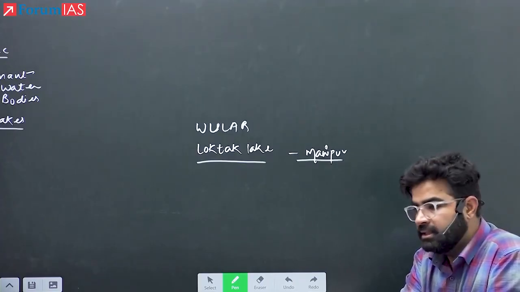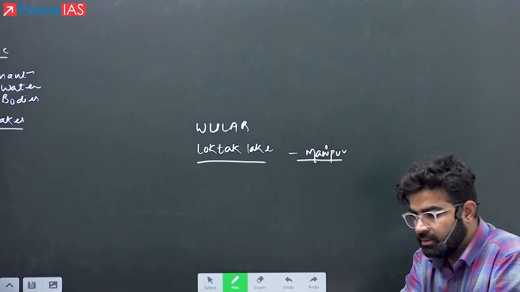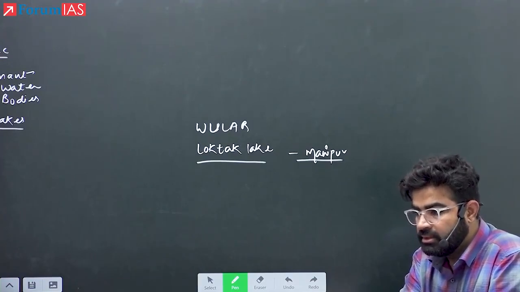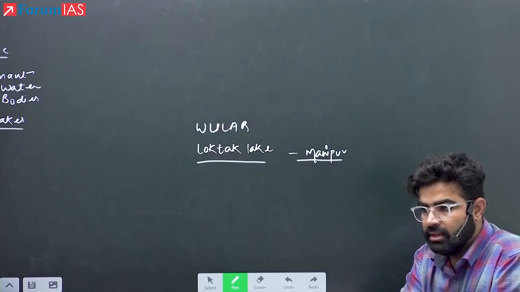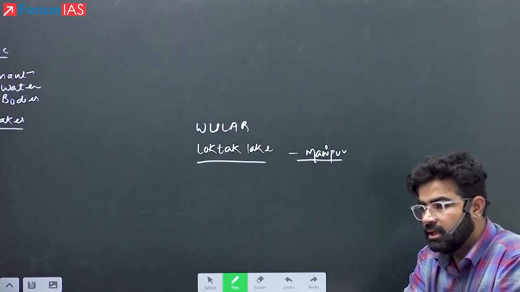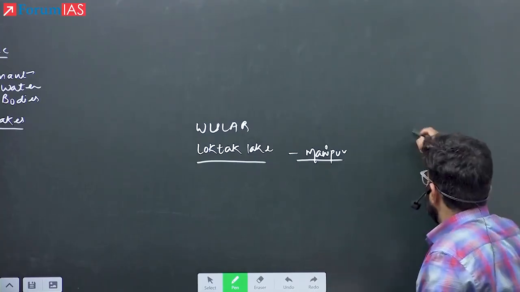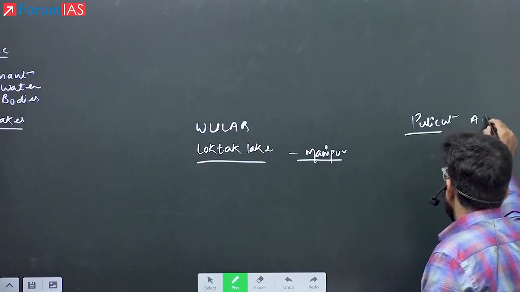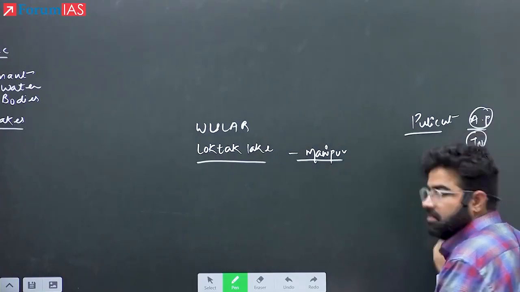Can you find Pulicat, Andhra Pradesh and Tamil Nadu border in between these two? Pulicat Lake. Andhra and Tamil Nadu. Pulicat. If not mentioned here, go to separately the page number. Where is it? 24. Pulicat Lake. Pulicat is shared between Andhra and Tamil Nadu. 2% in Andhra, 98% in Tamil Nadu it is.